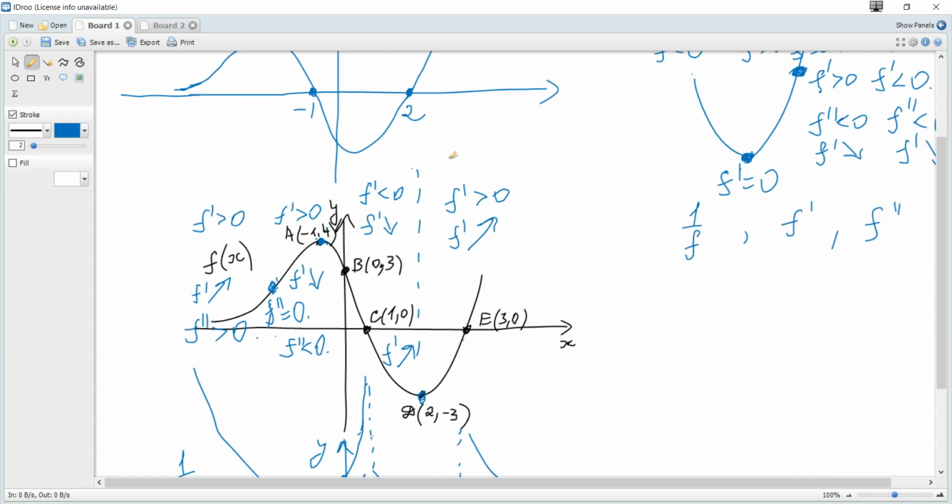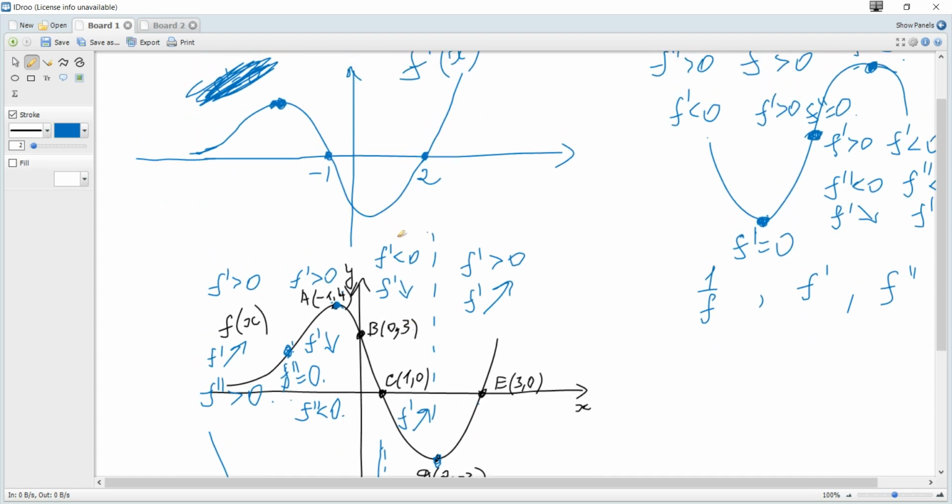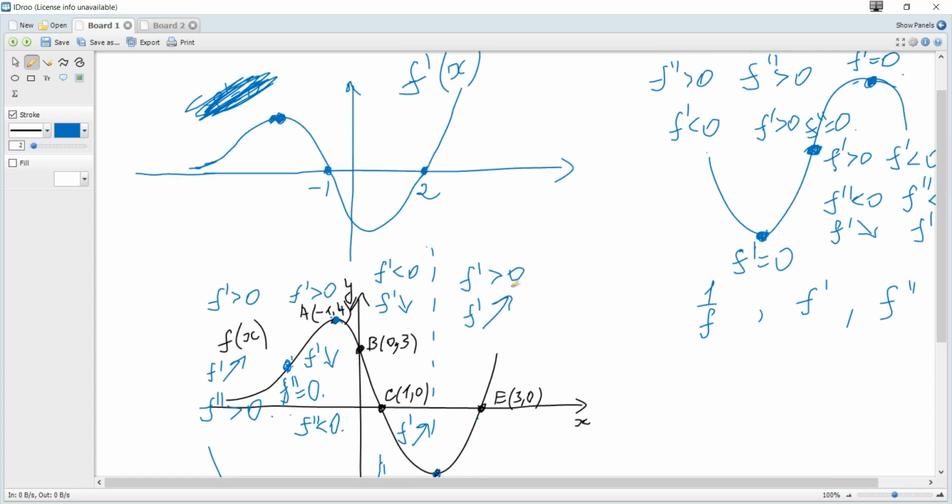Something like this. And actually it's a sketch, we don't calculate exactly the coordinates of these turning points. We know exactly x intercepts, so it looks like this.